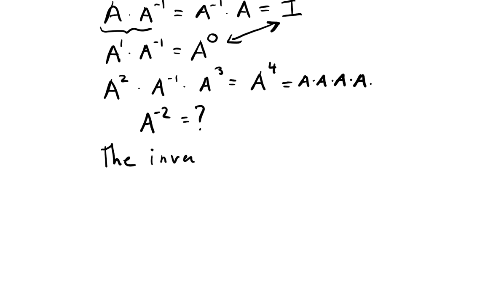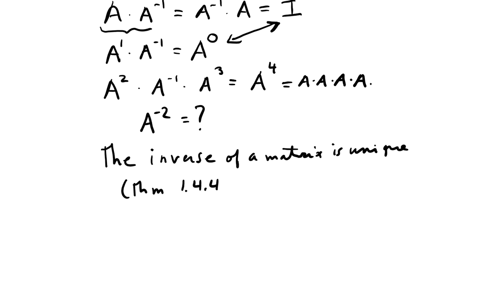And there's a proof for that. I'll ask you to read it in the book. The inverse of a matrix is unique. So this is theorem 1.4.4, I believe on page 44. Okay, so I'd like you to read the proof.